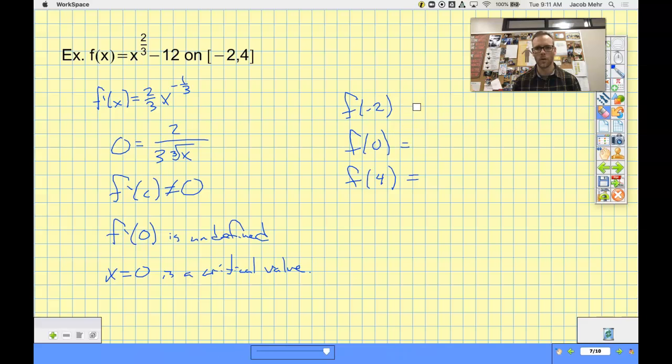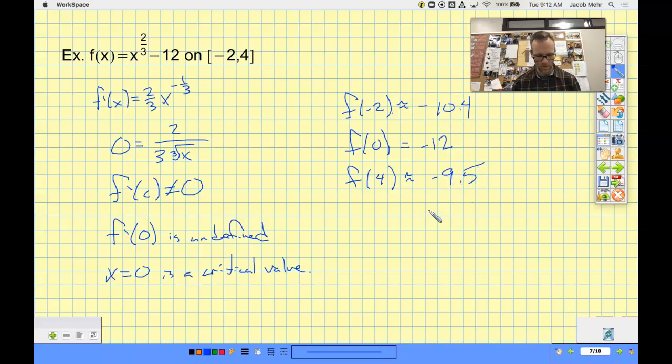I get about negative 10.4. When we put in 0, we get negative 12. When we put in 4, we get about negative 9.5.